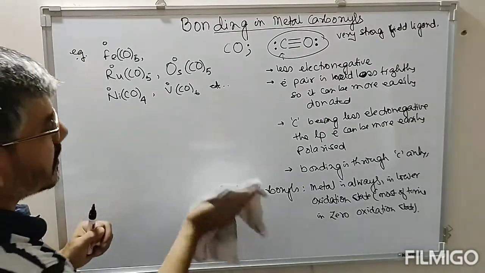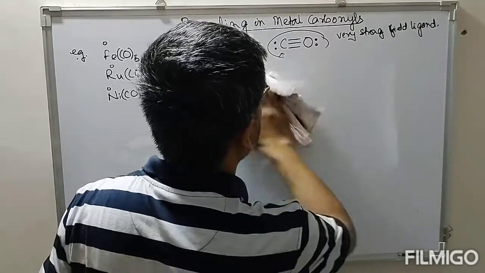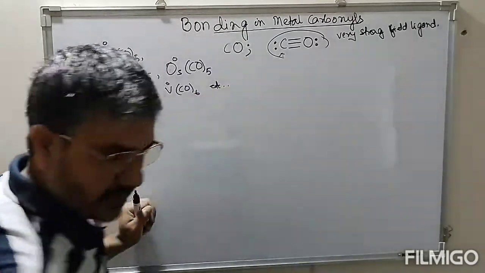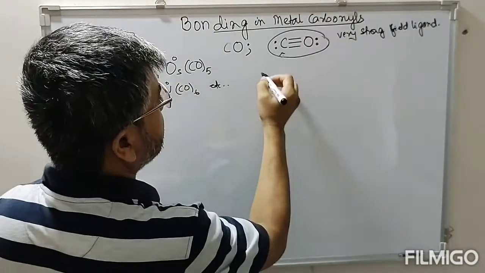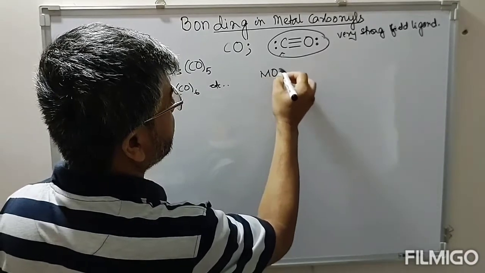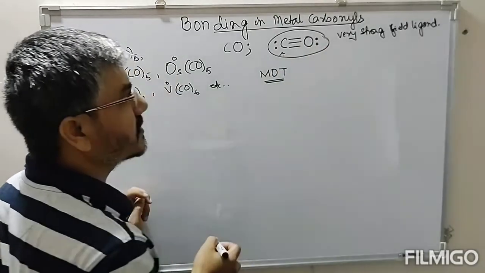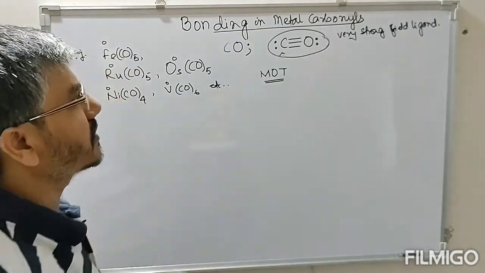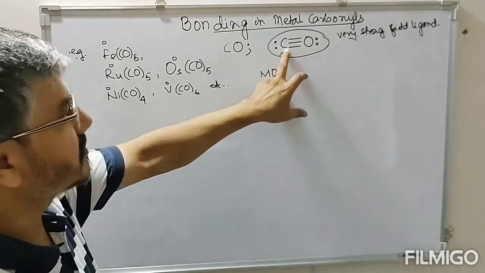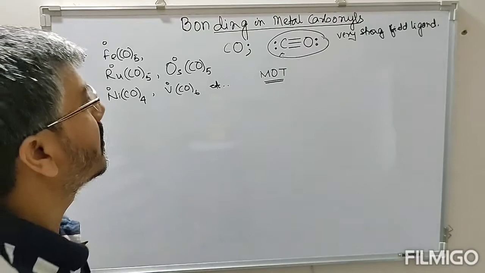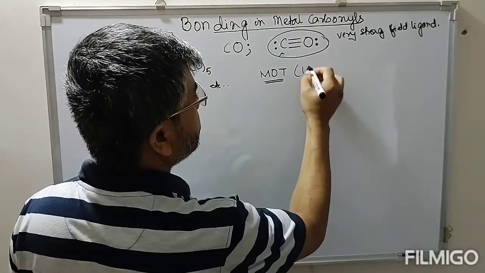Now coming to the bonding part, if you look at the molecular orbital theory of carbon monoxide, the number of electrons in carbon monoxide is: carbon atomic number 6, oxygen atomic number 8, so we have 14 electrons.